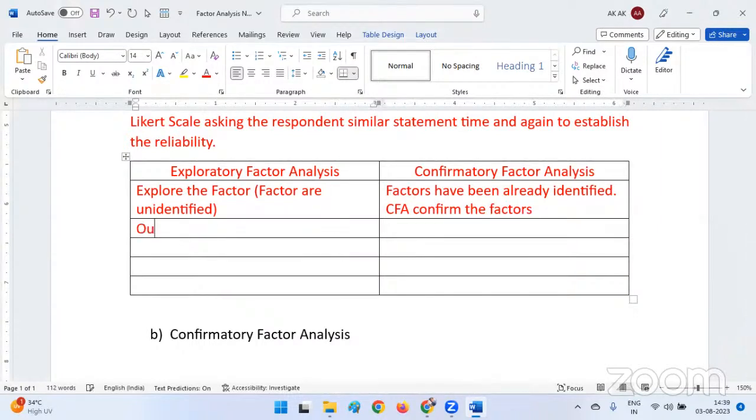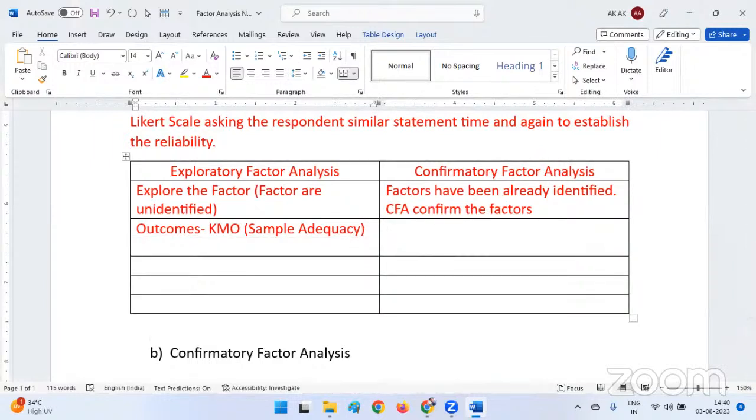Now, what are the outcomes? KMO checks the sample adequacy, whether the sample is adequate or not for applying the exploratory factor analysis. What other outcome? Cronbach's alpha, we can calculate, that is for reliability.